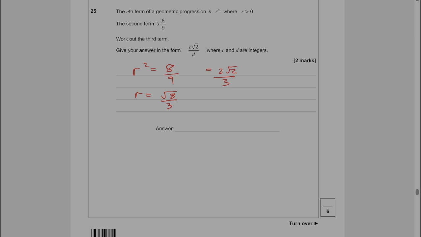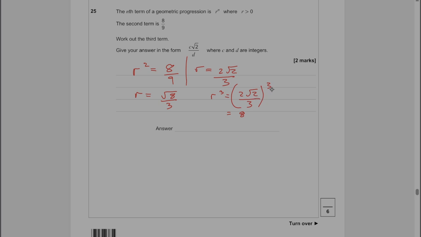Right, we want the third term, so in effect we're doing r cubed. I've got my equal sign in the wrong place here. So r is equal to 2 root 2 over 3. We want r cubed, the third term, so r cubed is going to be equal to 2 root 2 over 3 cubed. It's going to give us 2 cubed is going to be 8.